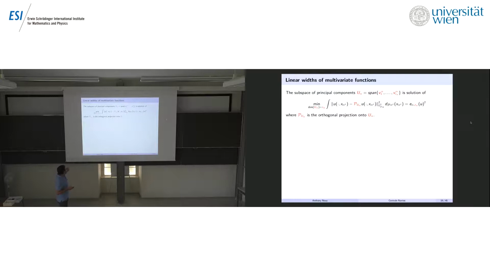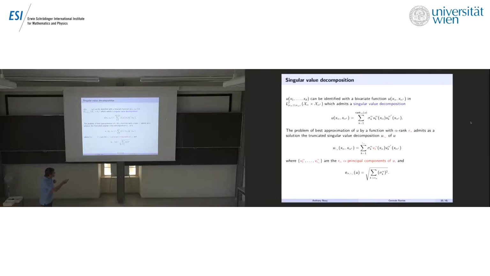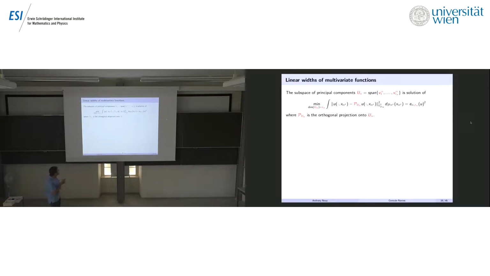Well, there is another way of writing this best approximation error. If you consider the space U_alpha generated by these functions here, that are called the principal components associated with a group of variables alpha, you have this expression of the best approximation error, which is a minimum over all subspaces of dimension R_alpha of the integral of the squared difference between the partial evaluation of u and the projection of this partial evaluation on the subspace U_alpha.